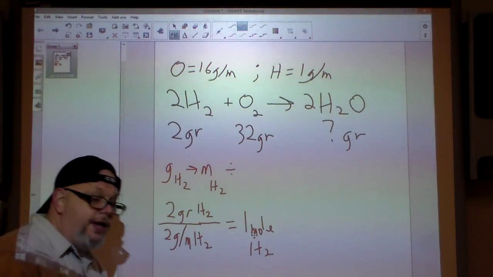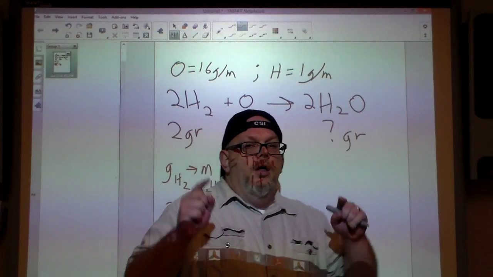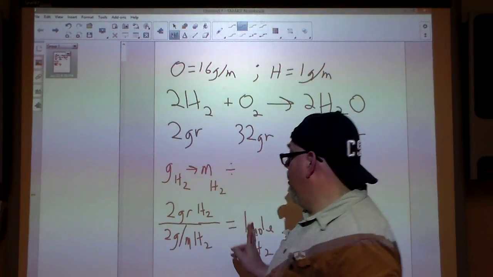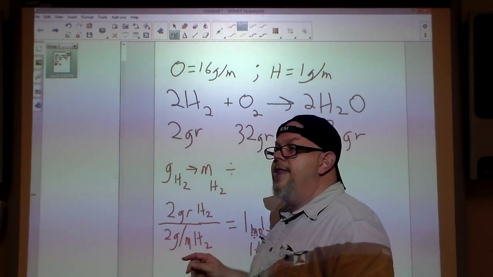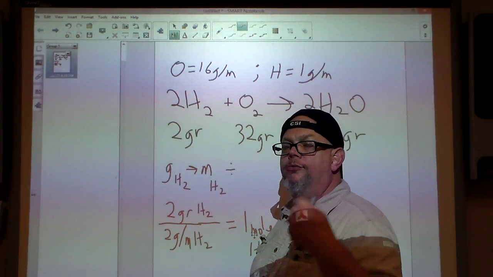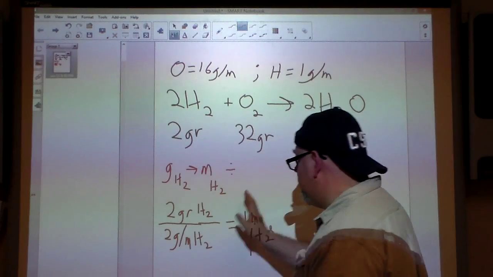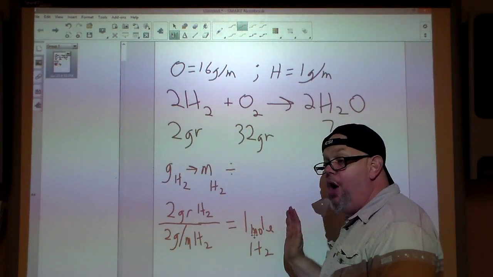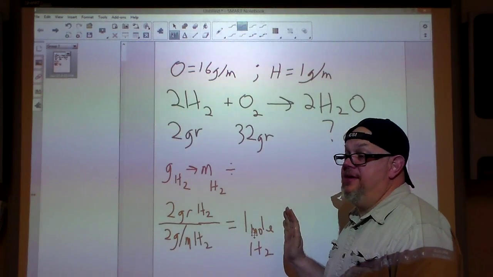Now, the next trick is, we got the number, because remember, a mole is a number. We got 1 mole of hydrogen gas, and now we're going to go into moles of water. So we're looking at the number of moles of hydrogen gas, and we're going to figure out the number of moles of water that we're going to get out of this.